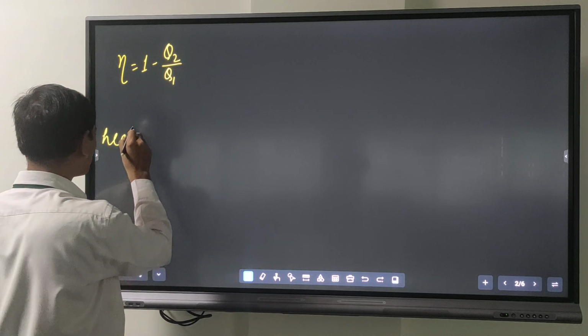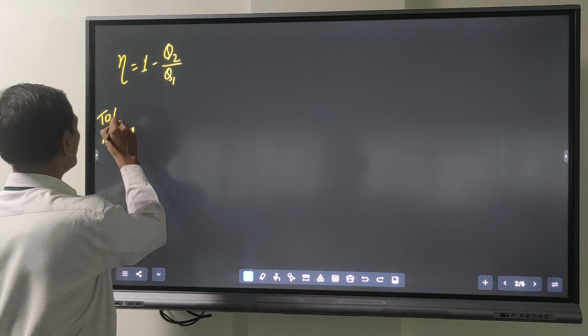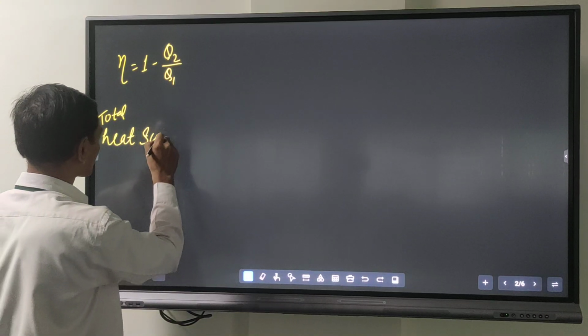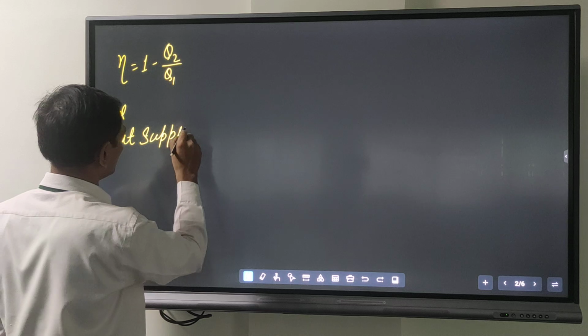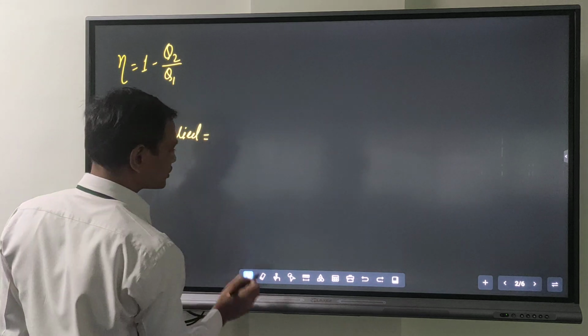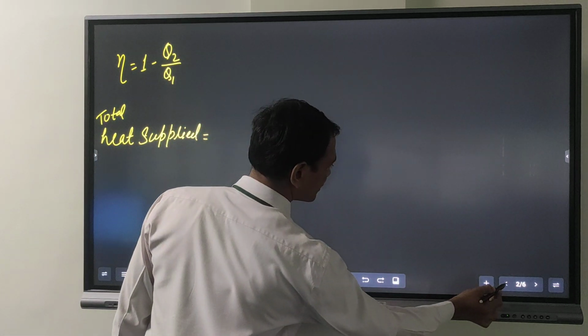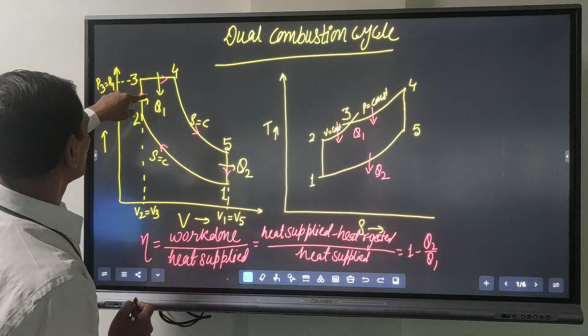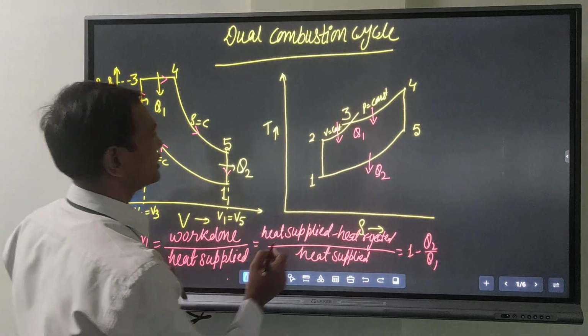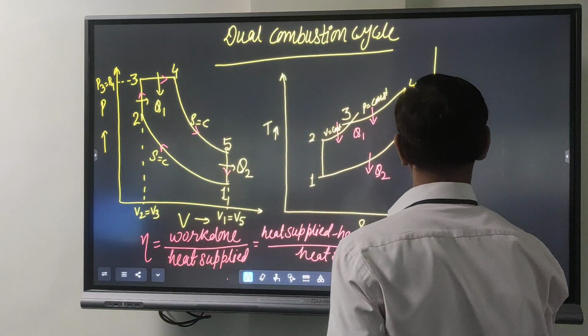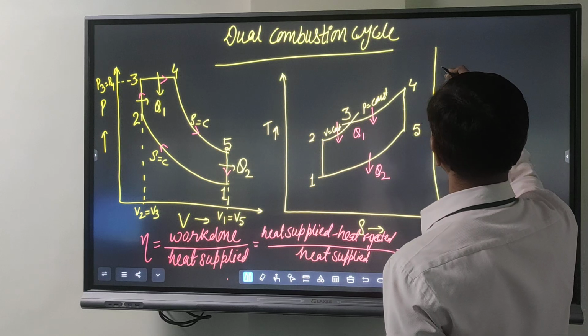First we can find out the total heat supplied, Q1.